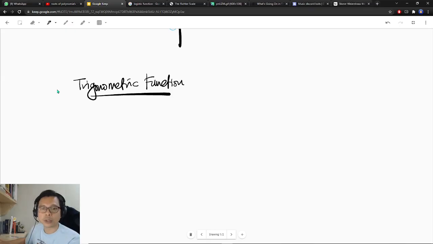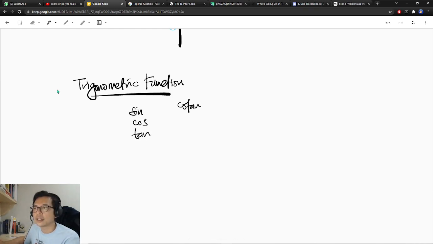The next thing that we always use is what we call trigonometric functions. So basically, anything that has sine, cosine, tangent, cotangent, secant, cosecant. We call this a trigonometric function.